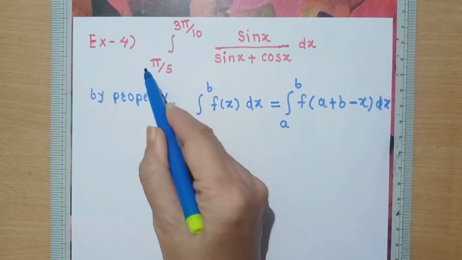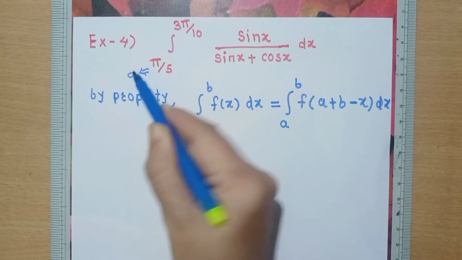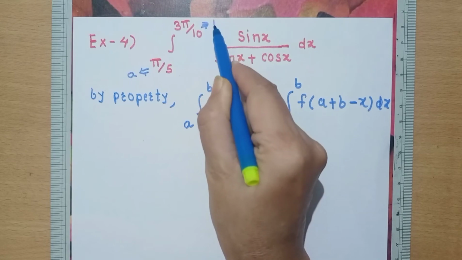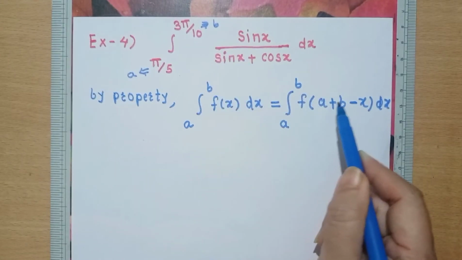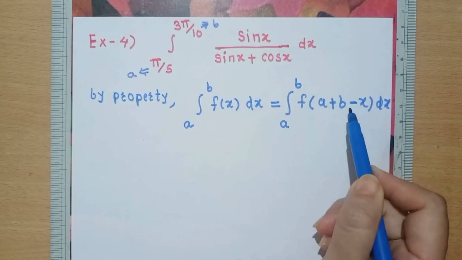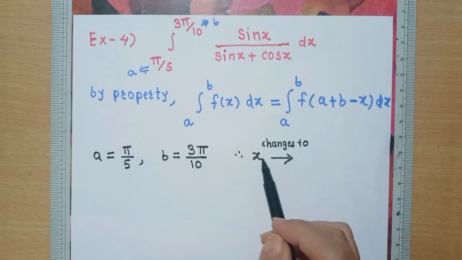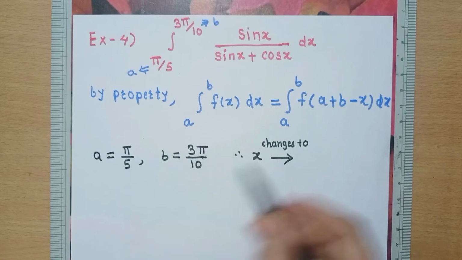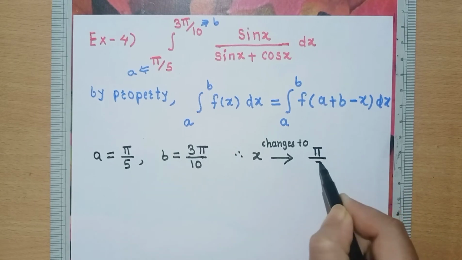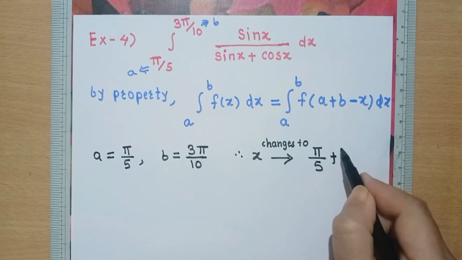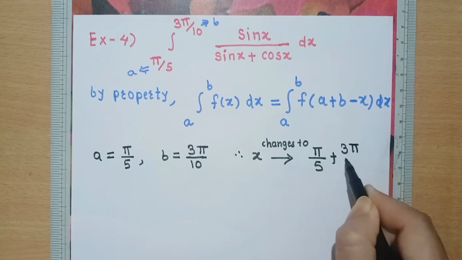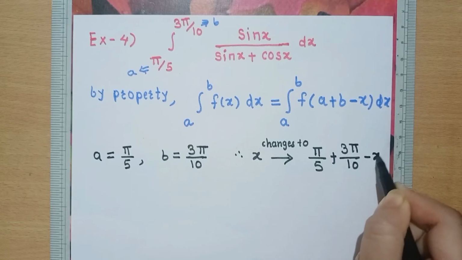Here we know that this is a, this is b, and then we will change x to a plus b minus x. Therefore this x changes to, a means pi upon 5, b means 3 pi by 10, and then minus x.